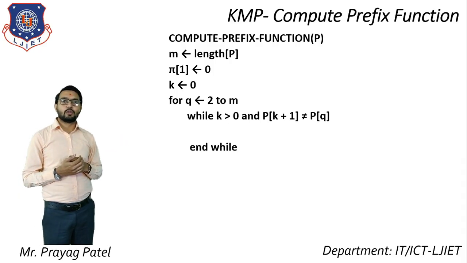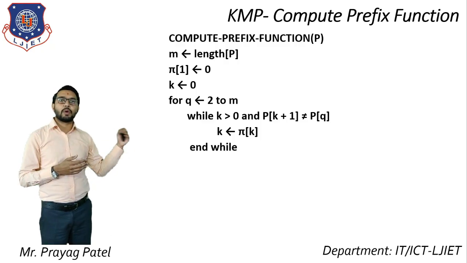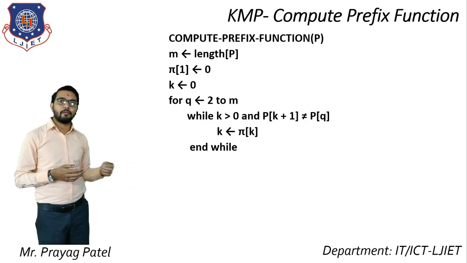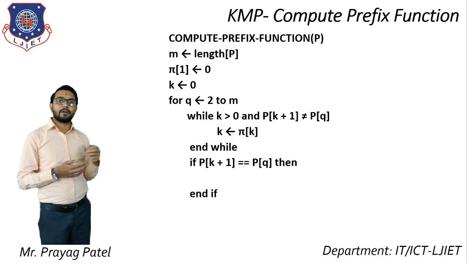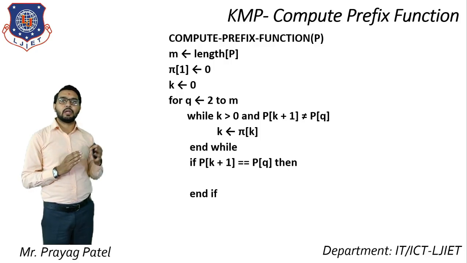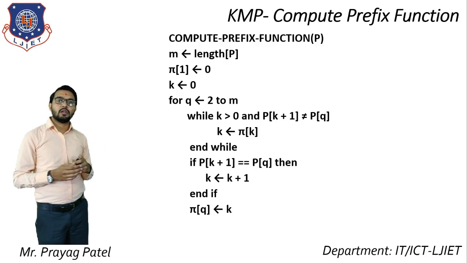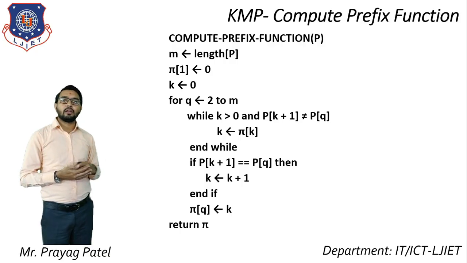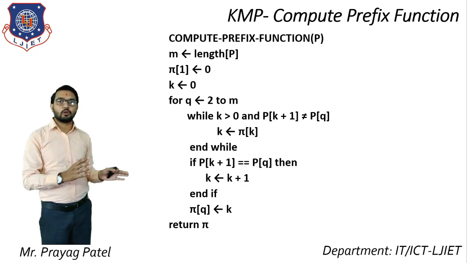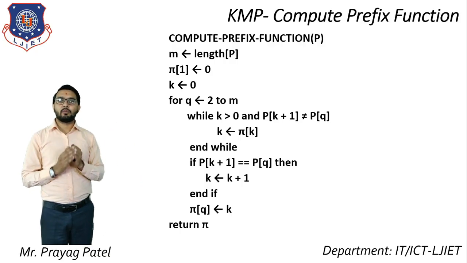While k greater than 0 and p of k plus 1 not equal to p of q, then k equal to pi of k. End of while loop. Now consider the next if condition. If p of k plus 1 equal to p of q, then k equal to k plus 1. Then pi of q equal to k, and return pi. Means using this algorithm you can find the pi table of your pattern.